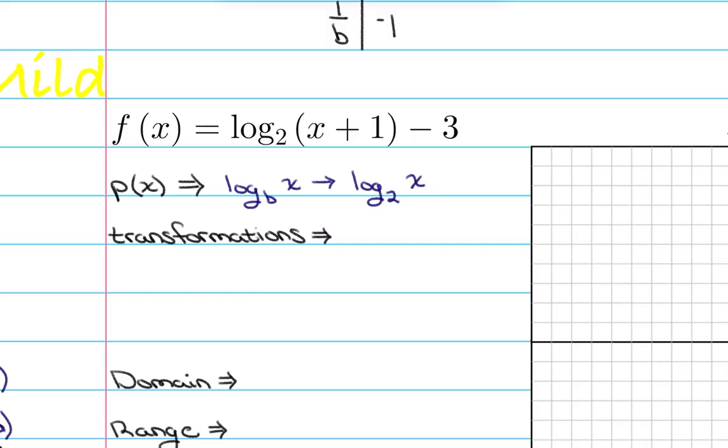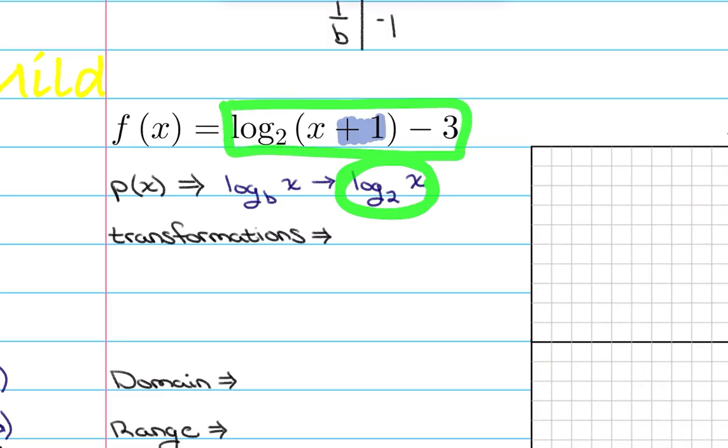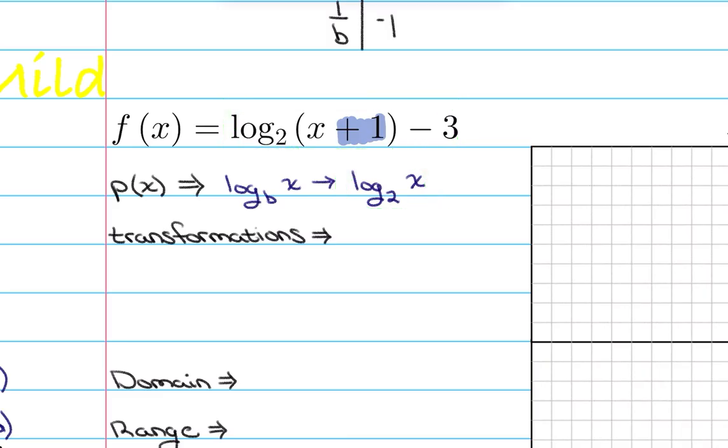The first thing that I notice is a plus 1. When I say what I notice, that means what is different between my parent function and the function that I have transformed. So I ask myself: is it acting on the parent function as a whole, out in front or out behind, or is it acting on the x, which most of the time means it will be in parentheses?